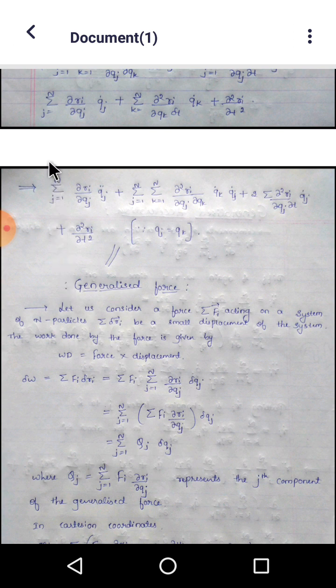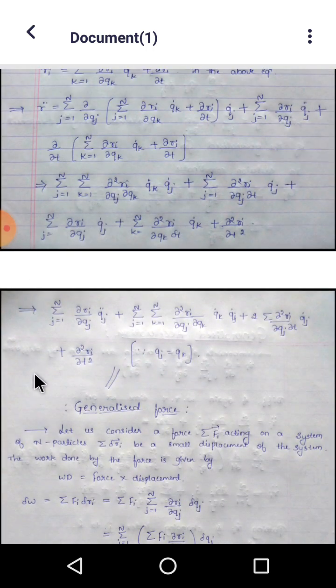Next, summation. Next, see here, that is equal to summation j equals 1 to n of ∂²ri/∂qj times q̇j.